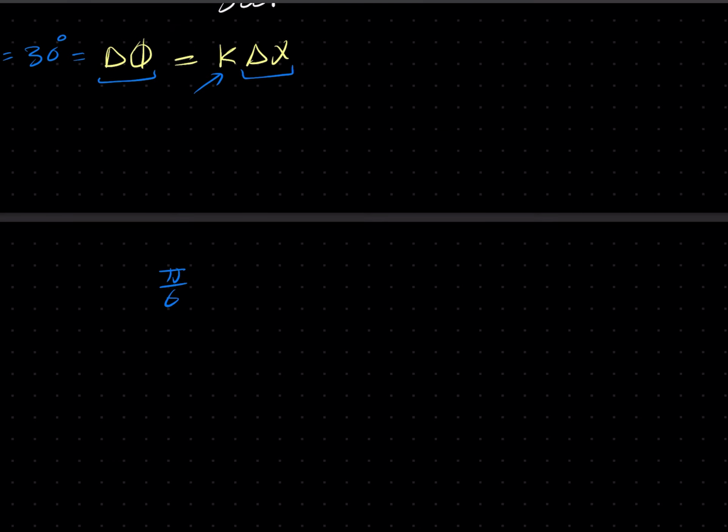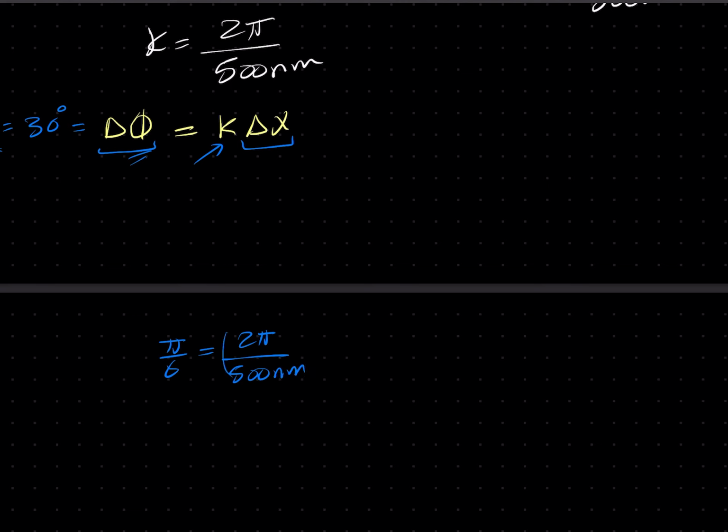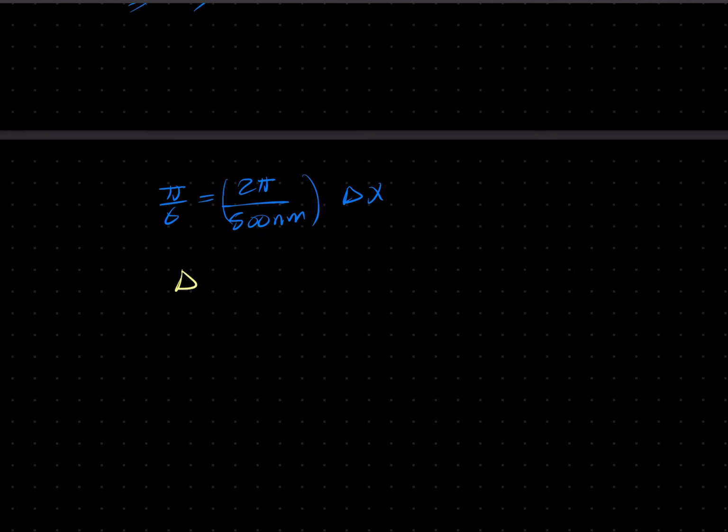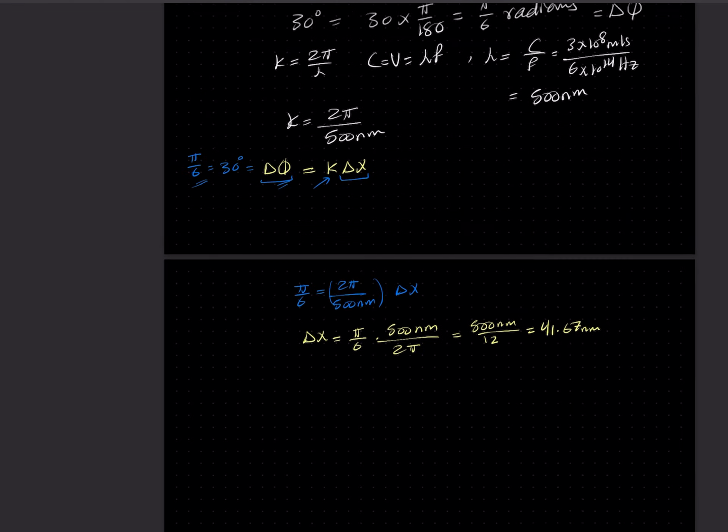So we have pi over 6 equals k, which is 2 pi divided by 500 nanometers, times delta x. So delta x would equal pi over 6 times 500 nanometers divided by 2 pi, which is 500 nanometers divided by 12, which is roughly 41.67 nanometers. And that's your answer.